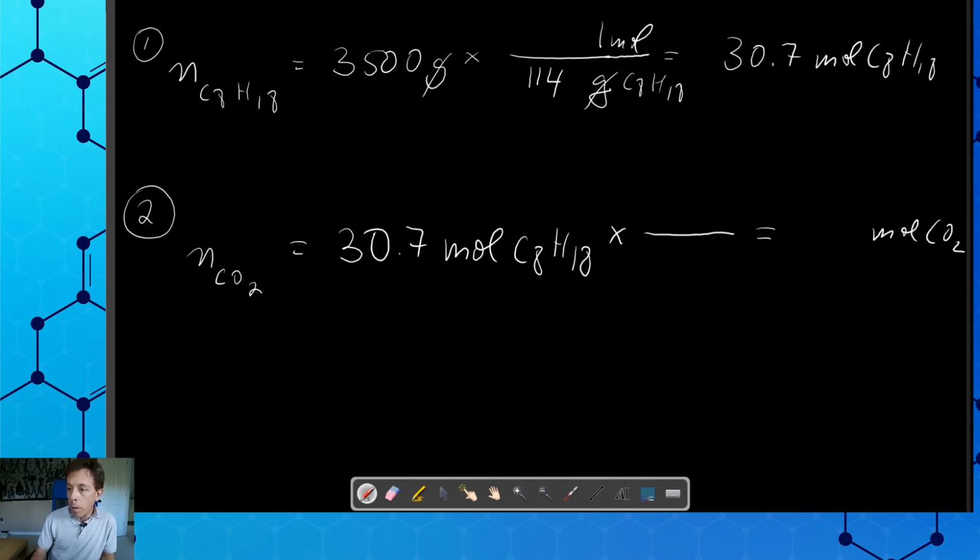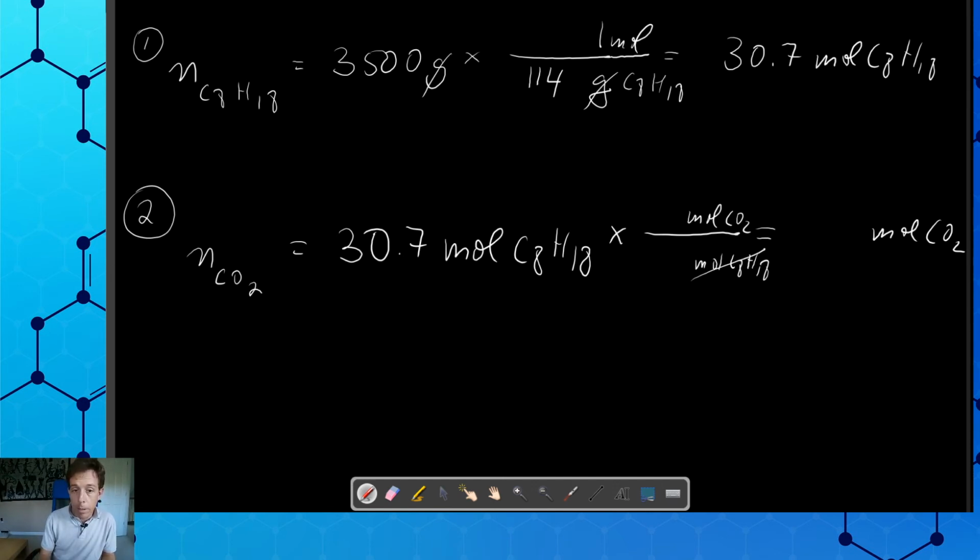So that means we want the moles of C8H18 to cancel out, and we want moles of CO2 in the numerator. We know from the balanced chemical equation that it's 2 to 16.